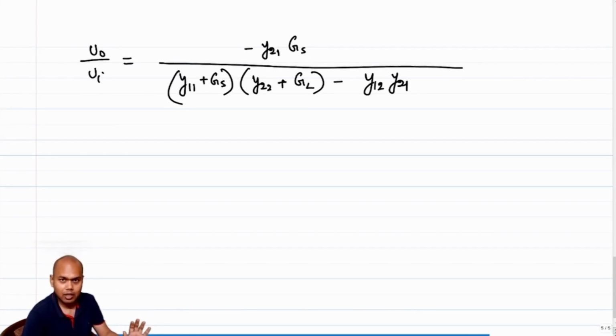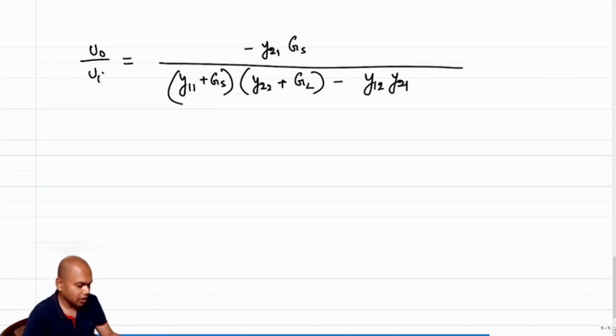By the way, a note of caution: it's not necessary that the incremental y parameters should always be positive, because at the end of the day they are derivatives of a nonlinear function, and the derivative of a nonlinear function need not always be positive. But in most of the regular devices that we use, they are positive, so we will limit ourselves in this discussion to those conditions where all these y parameters are positive.